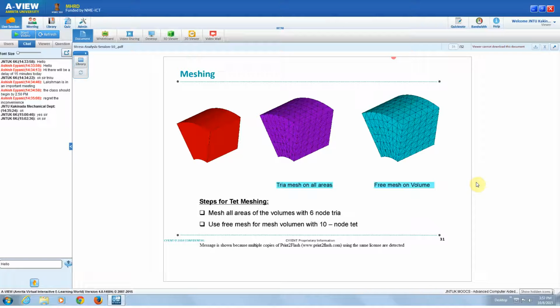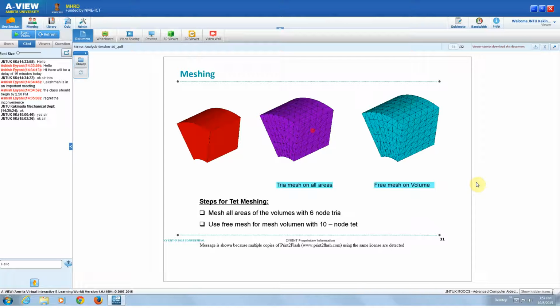Now we'll be talking more about tet meshing. Let us assume this is a very highly complicated model. We go for tet meshing when there is no possibility of putting in a quad mesh.